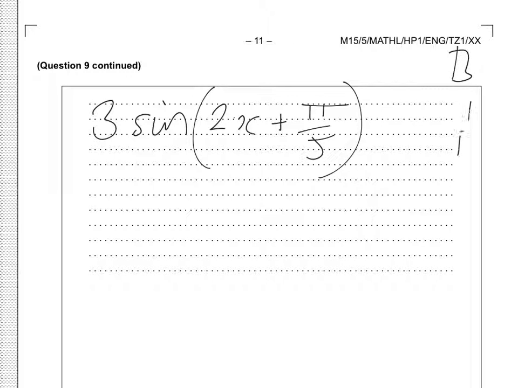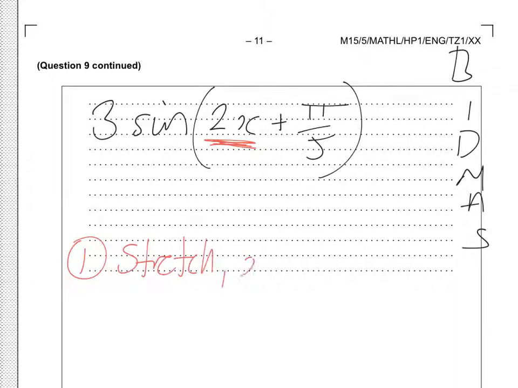Following the order of BIDMAS, the first thing we should consider is inside the brackets, the 2x. What does that do? Well, I've already mentioned what that does. It's a stretch in the x direction, scale factor a half.